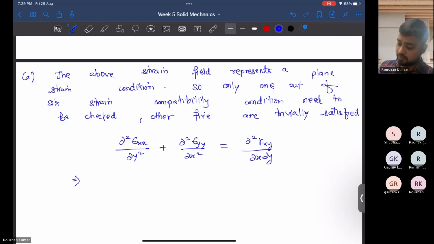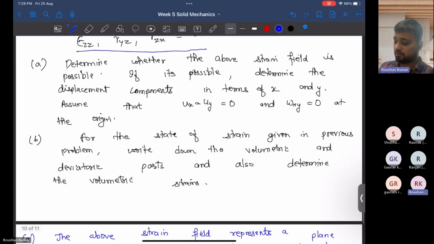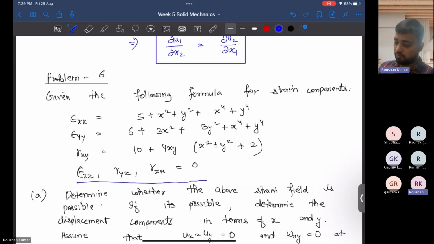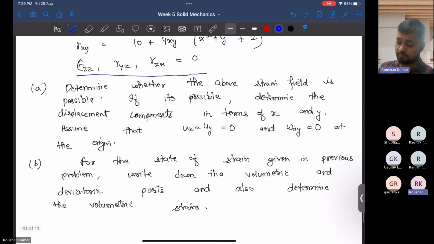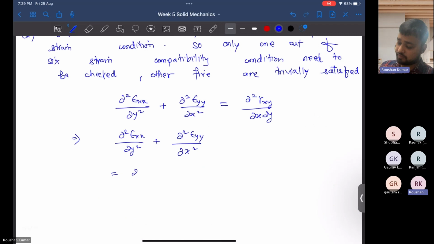So del 2 epsilon xx upon del y square plus del 2 epsilon yy upon del x square. We take the second derivative of epsilon xx with respect to y. It will leave 2 from the y square term, then 12y square from the y to the power 4 term, so 2 plus 12y square.